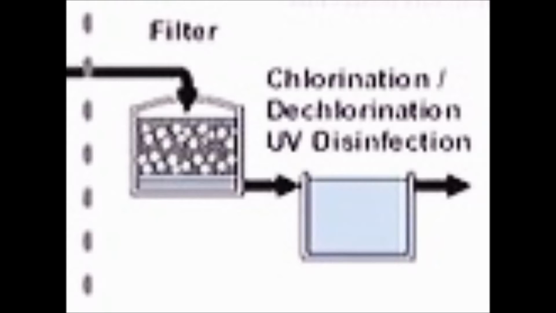Next, in the chlorination and dechlorination tank, chlorine will be added to kill microorganisms in the water. However, this chemical needs to be removed from the water, as halides in chlorine, like fluoride, are unsafe for humans.